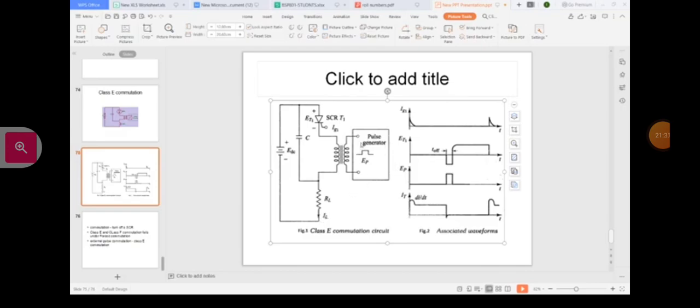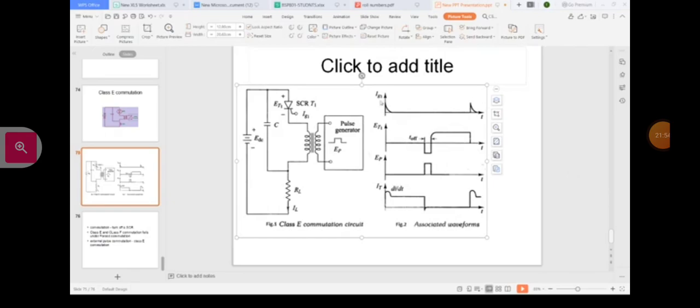This is the pulse generator, which generates a square wave type of signal. This is a pulse transformer, and as you can observe in this diagram, we can turn off an SCR by using this arrangement.